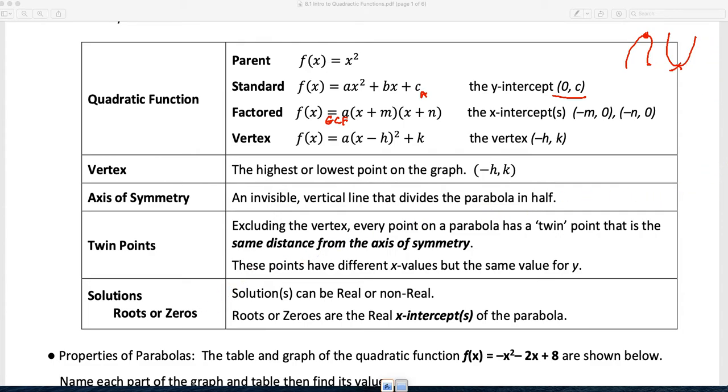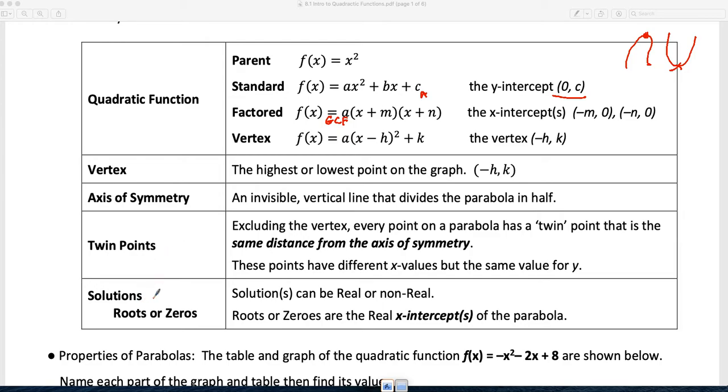Last vocabulary word: the solutions for a quadratic. Okay, just like any other function, every point on the graph is going to be a solution. But quadratics have special solutions, and it's because quadratics appear in real life all the time. There's all kinds of things that are patterned after this parabola shape that happen in real life.